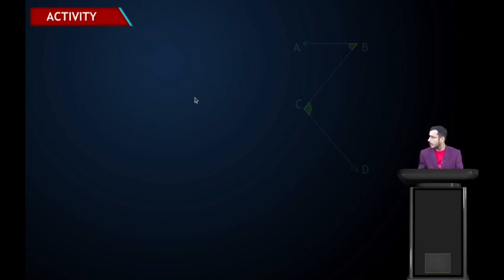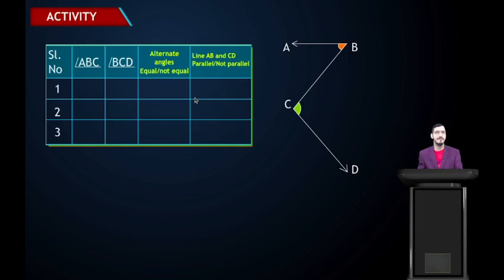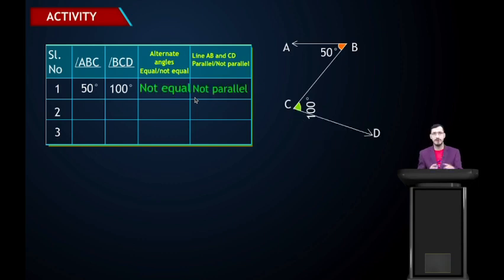Now here is one more activity. You can see AB, BC and CD. There are three lines here. Take angle ABC and angle BCD. When angle ABC is 50 degrees and angle BCD is 100 degrees, are the alternate angles equal or not? Not equal.